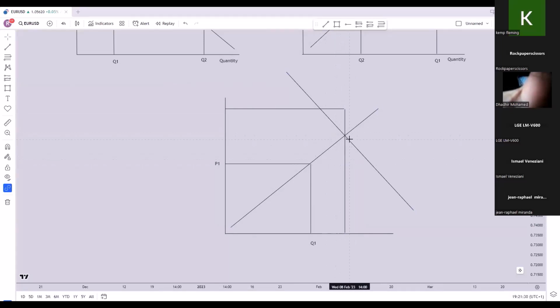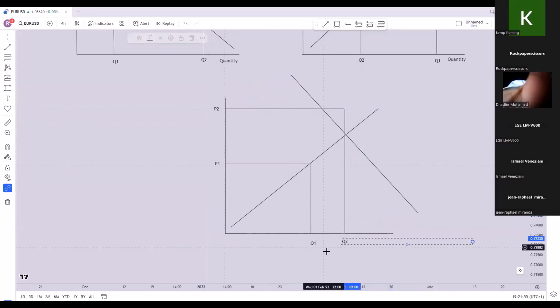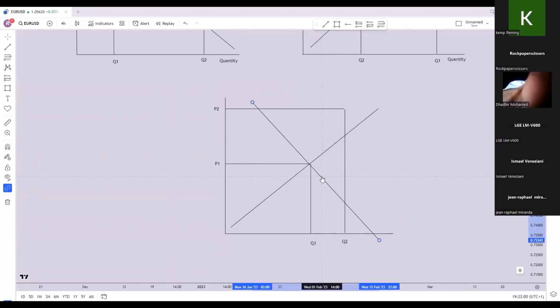Because before it was here when the demand and supply met, but now there is too much demand and not enough supply, the price then increases. So P2 here. Once before the demand and supply met here, okay? So the price of the specific currency was here and the supply of it was here.